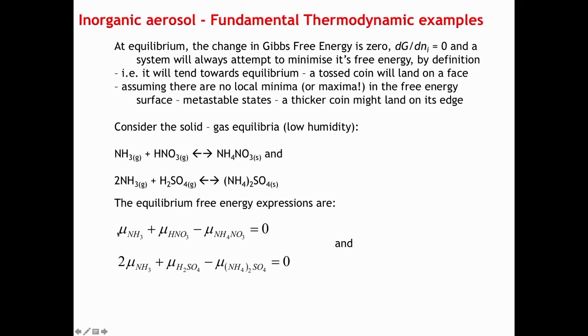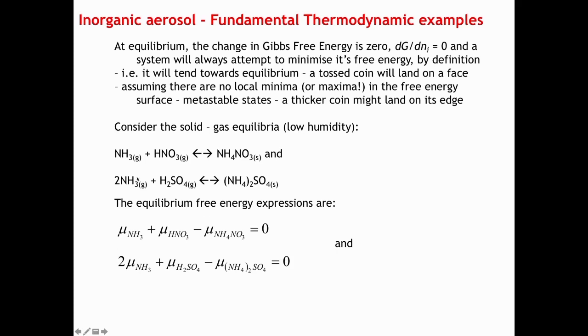So the chemical potential in the first case of ammonia plus nitric acid equals the chemical potential of ammonium nitrate. So you take that to the left-hand side, and the total net sum of the chemical potential is 0. So that gives you the condition that the Gibbs free energy change at equilibrium equals 0.